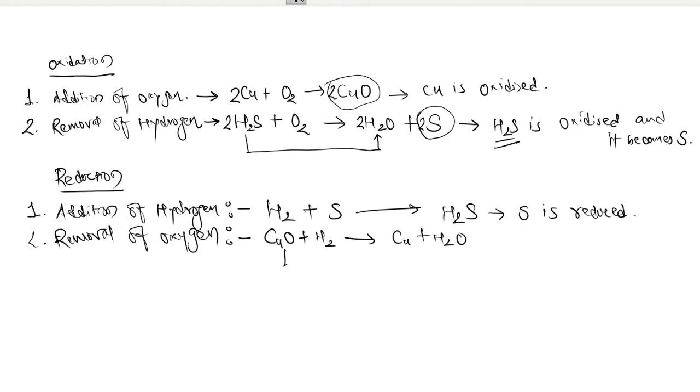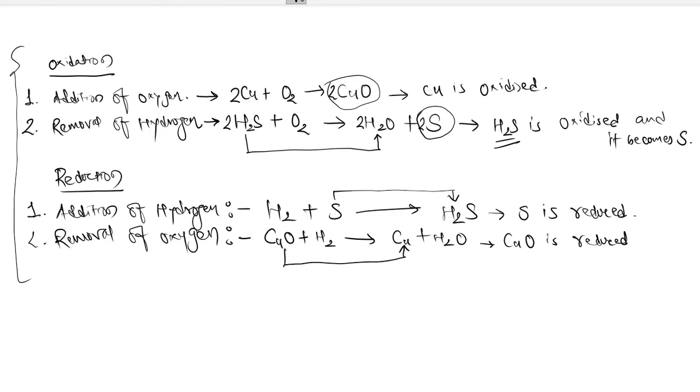See, oxygen is removed from copper oxide and what is left? Copper. So we can say that copper oxide is reduced and it becomes copper. Here sulfur is reduced because hydrogen is added to it and it becomes hydrogen sulfide. Right? So the definition of oxidation and reduction, which is in your syllabus, is this.